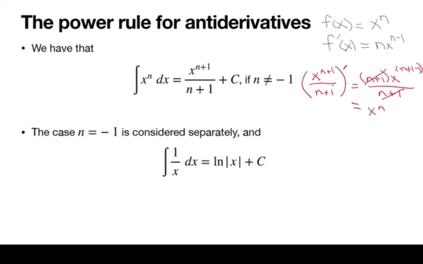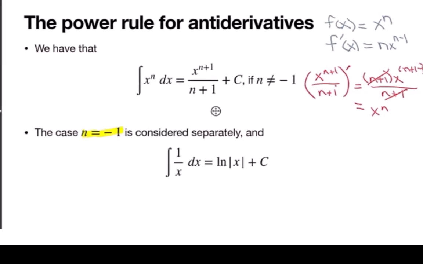There's one special case. That special case is n equals -1. Because if you remember, the derivative of the natural log of x was equal to 1 over x.